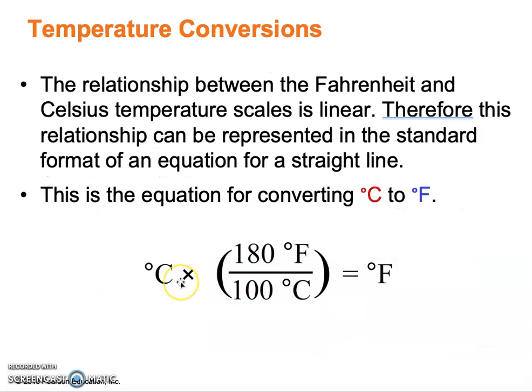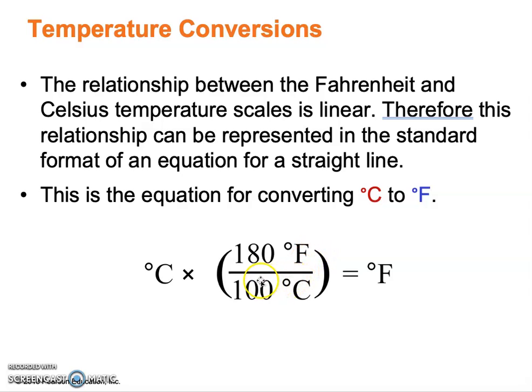Now, just like other units, the temperature unit can be converted from one unit to the other. The relationship between the Fahrenheit and Celsius temperature scales is linear. Therefore, this relationship can be represented in the standard format of an equation for a straight line. This equation below shows you how to convert a Celsius degree to a Fahrenheit degree.